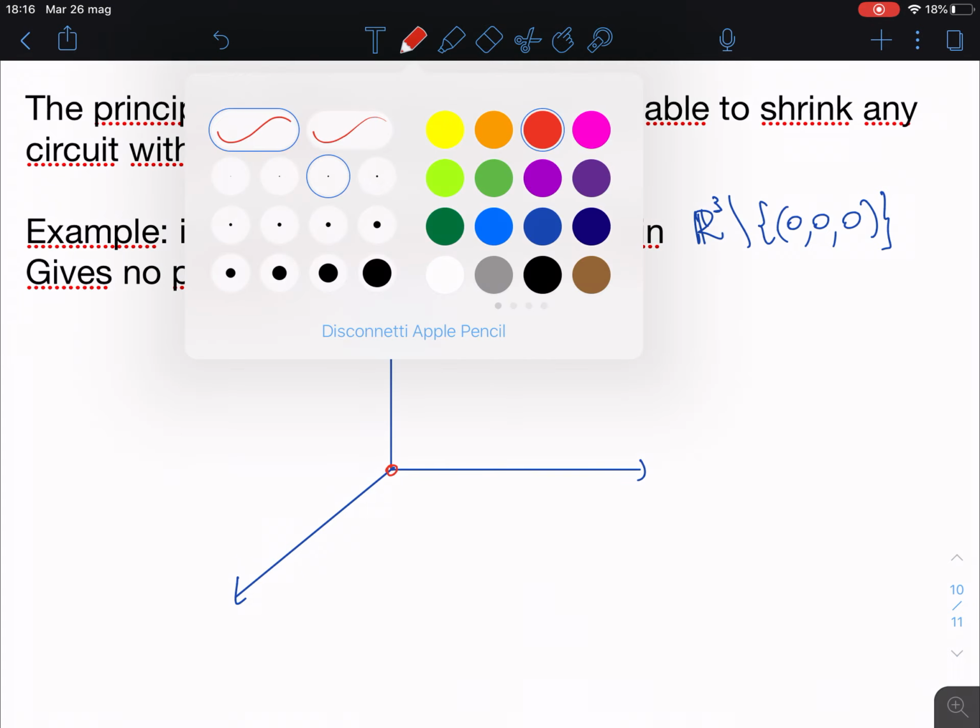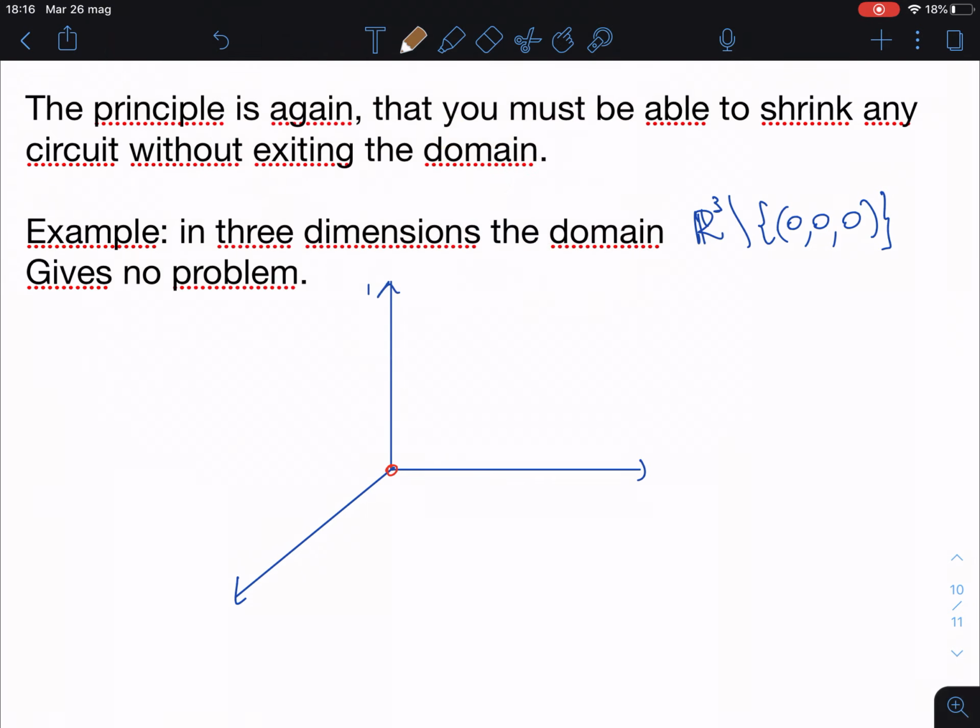You are in 3 dimensions, and suppose that here the origin is not in your domain. But in 3 dimensions, when you draw a circuit, even though it is very complicated, you don't have an interior part. So you can lower or pull your circuit toward the high, and then avoid the point.